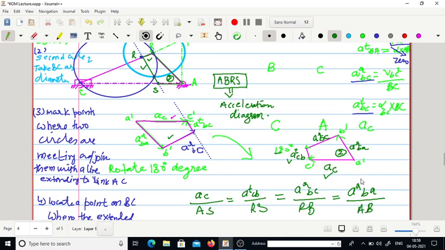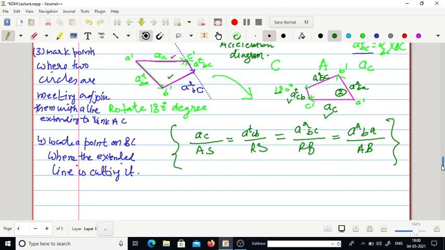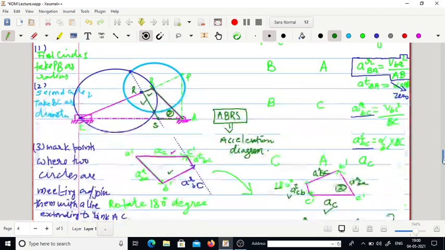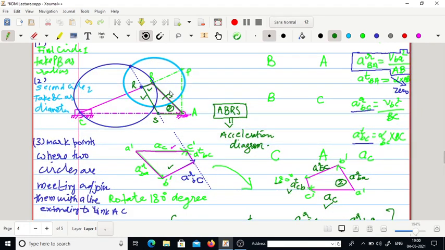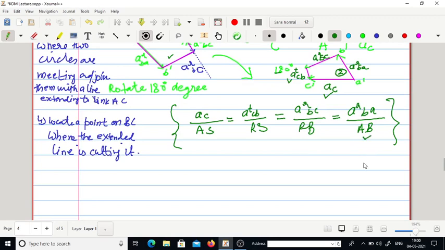So with the help of the similarity theorem, we can find this mathematical equation. Since we know the value of omega, which is given to us, and there is no tangential component of the acceleration, we know the radial component of B with respect to A. This component is known to us, and this length is also known to us.